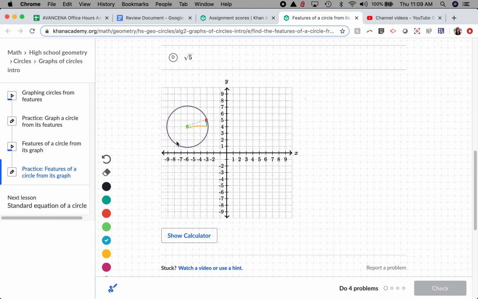So because of the Pythagorean theorem, we know that a squared plus b squared equals c squared.